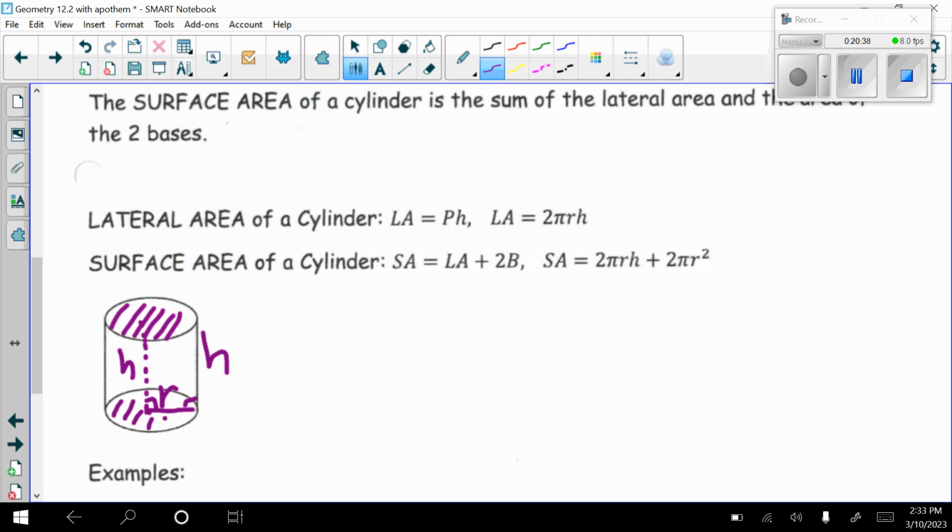And the bottom is a base as well. So the lateral area is the perimeter of the base times the height. My base is a circle, so the perimeter of a circle is 2 pi r and then times the height. So this is the formula for lateral area of a cylinder. We'll be filling this in on our formula sheets. The surface area of a cylinder is 2 pi rh plus 2 pi r squared.